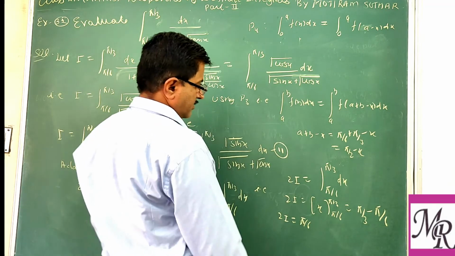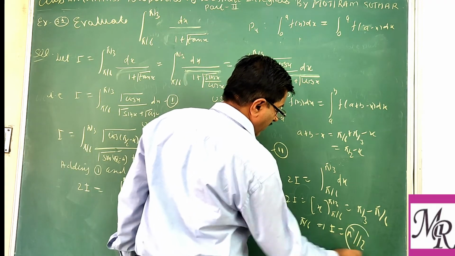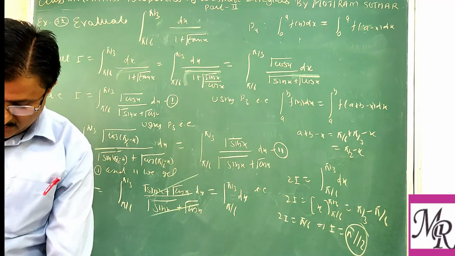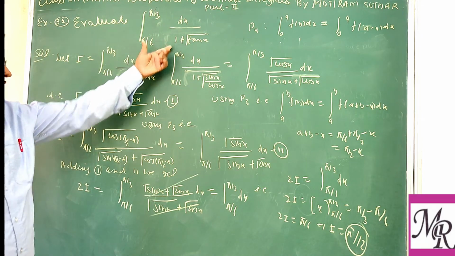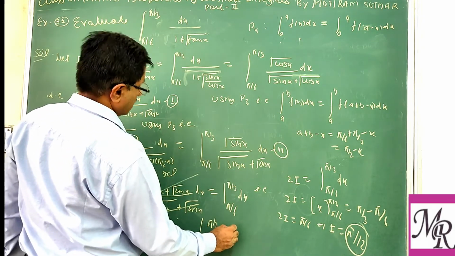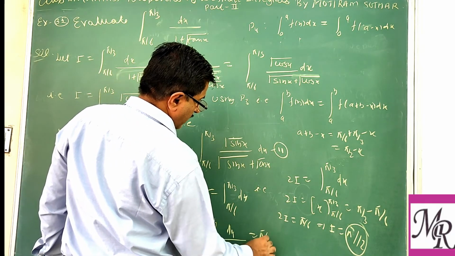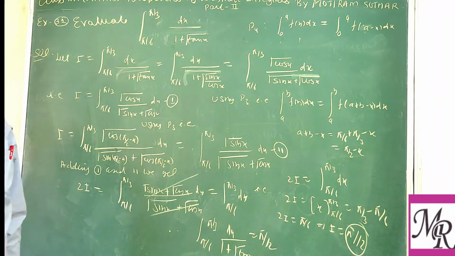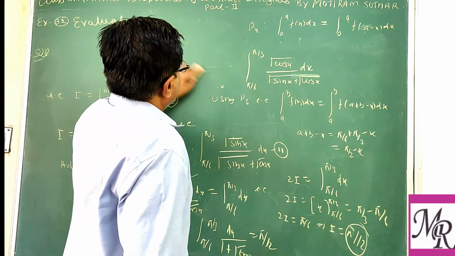That is 60 minus 30, so we get I equals pi by 12. So pi by 12 is the value of I. At last you write, therefore, the integral from pi by 6 to pi by 3 of dx upon 1 plus root tan x is equal to pi by 12. So in this way we can easily calculate the integral by using the sum property according to the given integral.